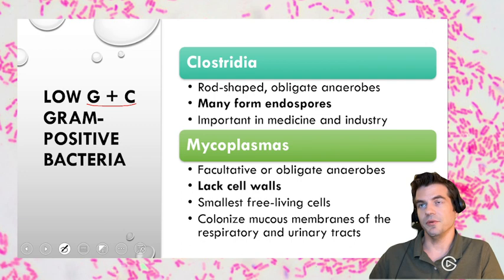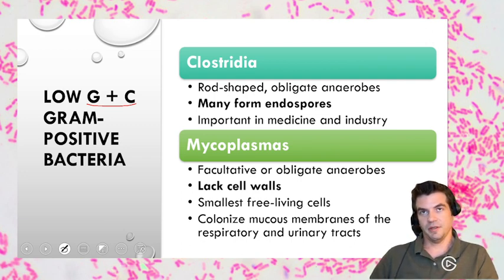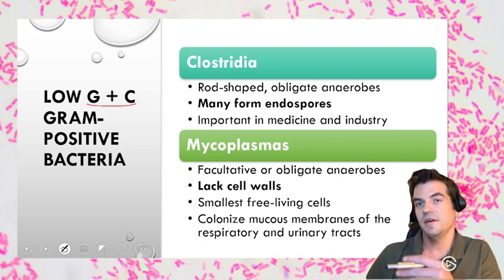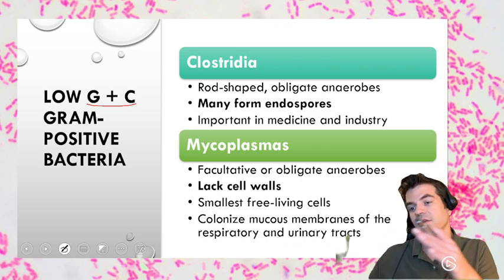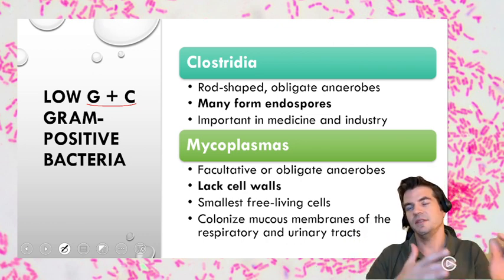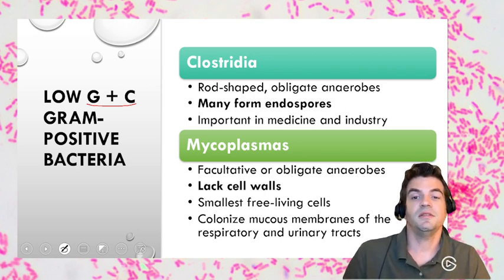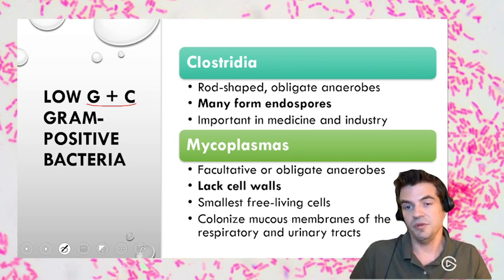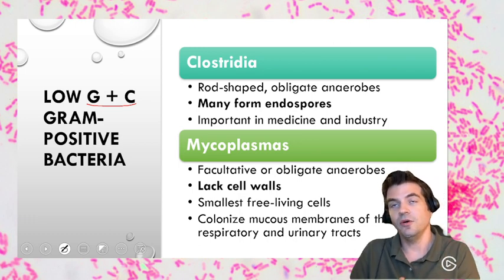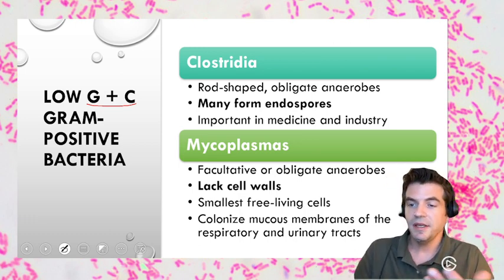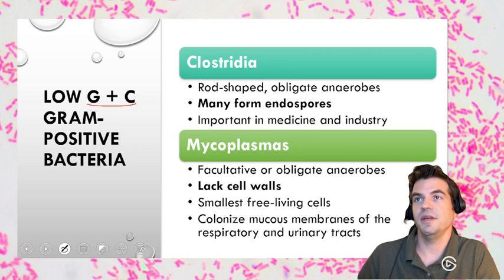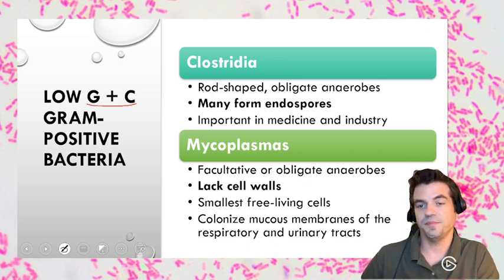It's another type of distinction from gram-negative and gram-positive. We can start to organize these bacteria in such a way that makes sense to us based on their unique chemistries. Any low G plus C gram-positive bacteria will be in this group.